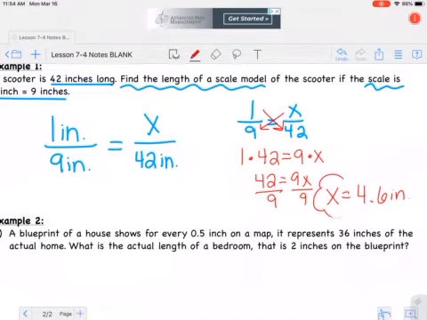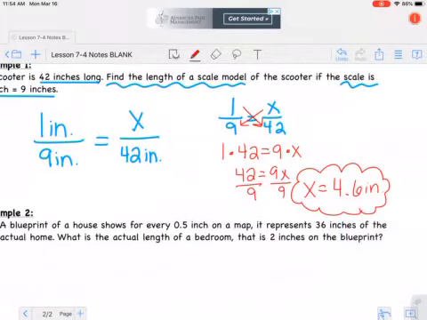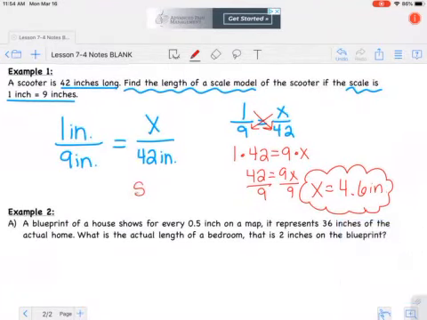What that means is the length of the scooter on the scale model is 4.6 inches. Now it might ask you in another problem what the scale factor is. So our scale factor is what is the actual scale in simplest terms. So that would be 1 over 9.